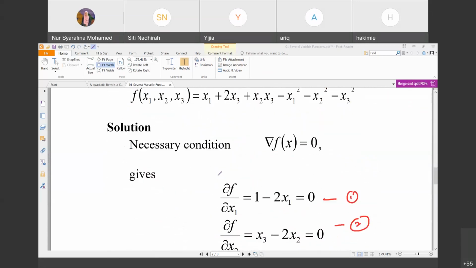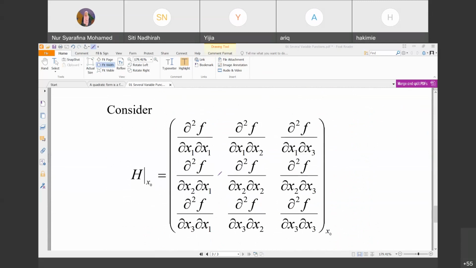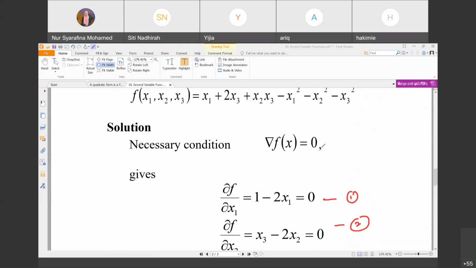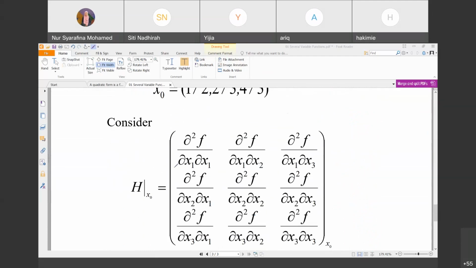Okay, we don't have enough time. So if we have up until x1, x2, x3 here, then the Hessian matrix is given by fx1x1, fx2x2, fx3x3.